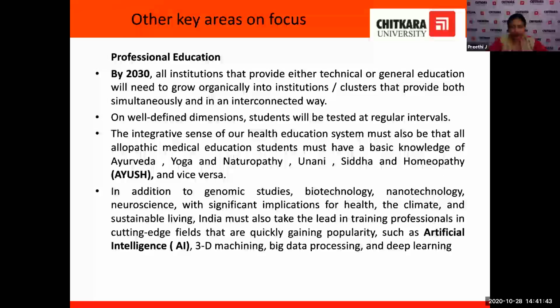The other areas of focus where they have mentioned education is, again, and this was of particular interest to me being from healthcare, that whenever we talk about healthcare, we primarily think about allopathy.